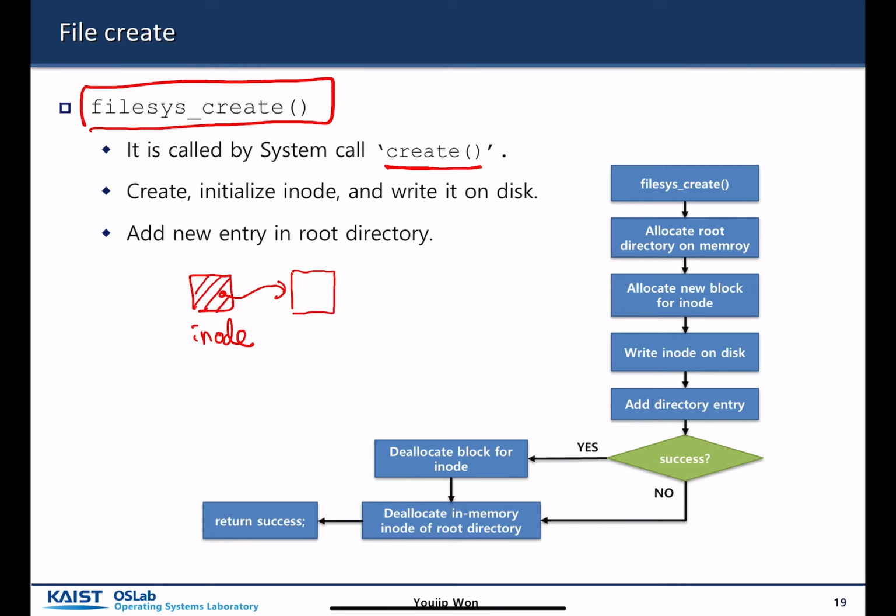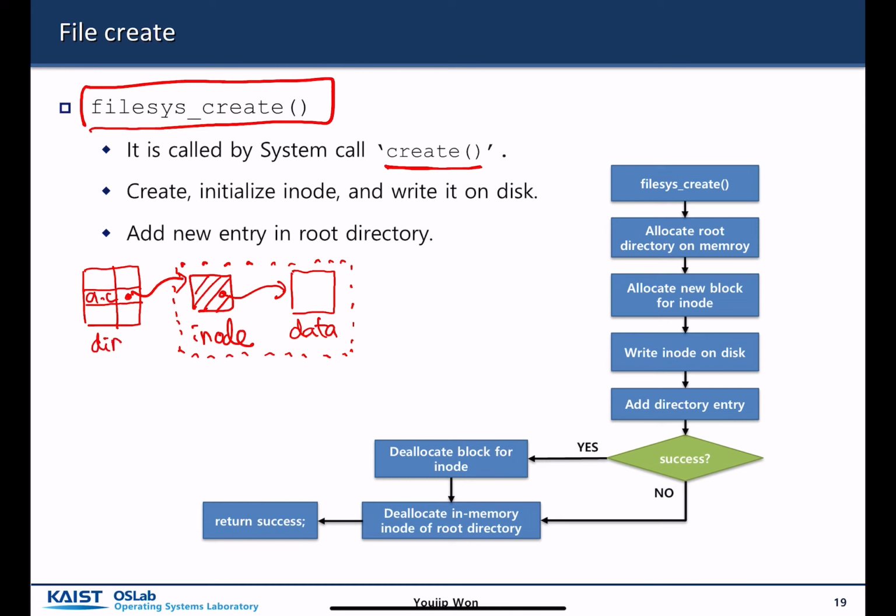And then you have to modify the directory, the parent directory which the newly created file belongs to. For example, let's say the name of the file is a.c. And then the directory contains a pair, which is file name and inode number. So this is the new file's data block, and the associated inode. And then there is a directory block.